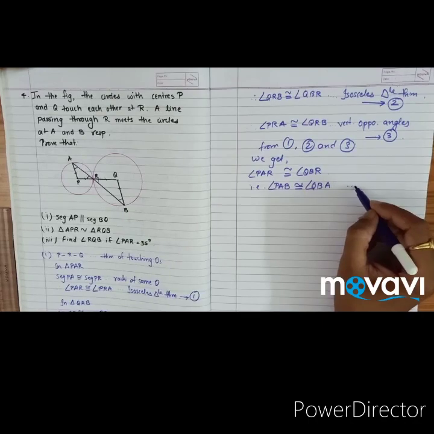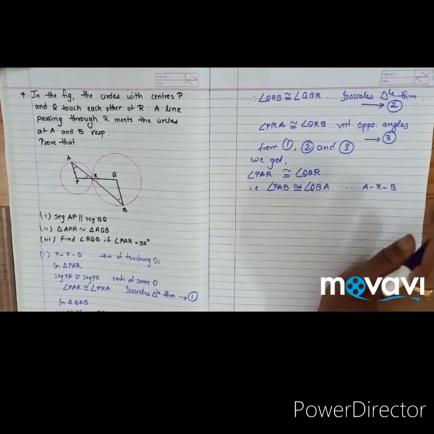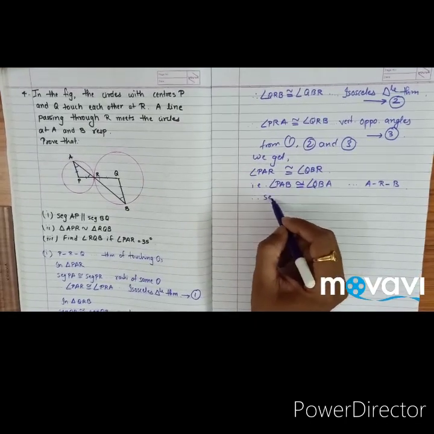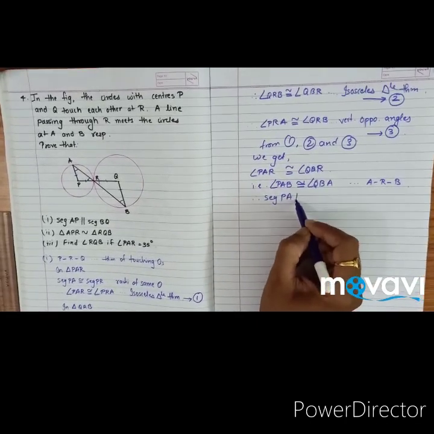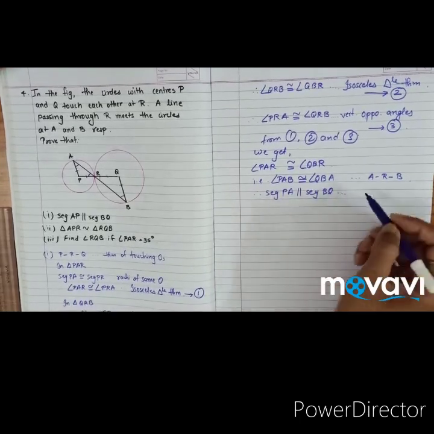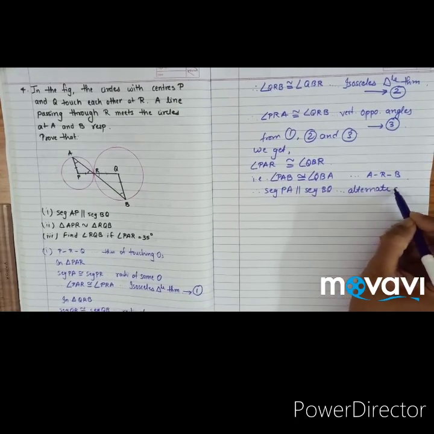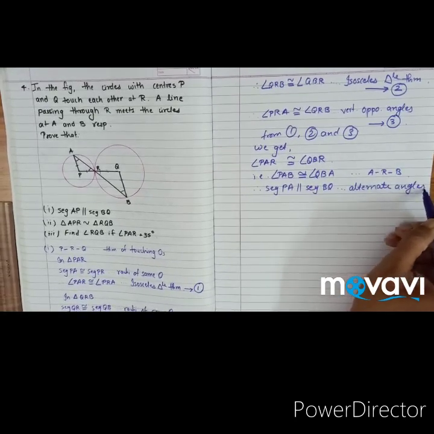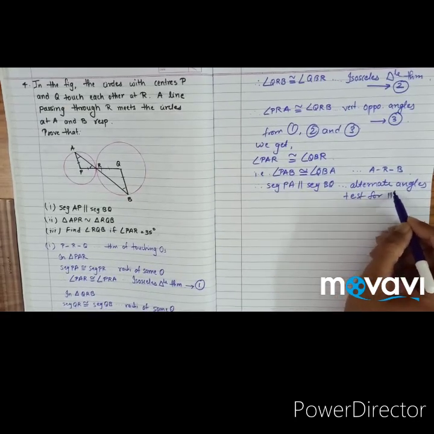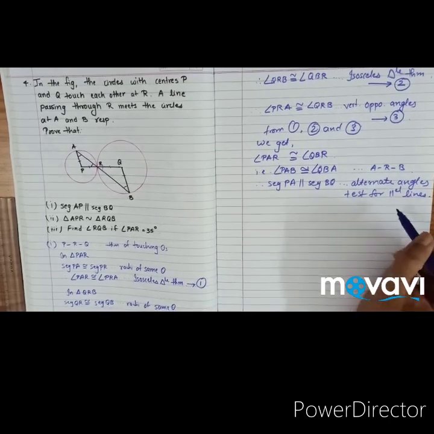Why? Because R lies in between A and B. This is what is given to us. Therefore we can say that segment PA is parallel to segment BQ by alternate angle test for parallel lines. Okay, I hope you have understood this.